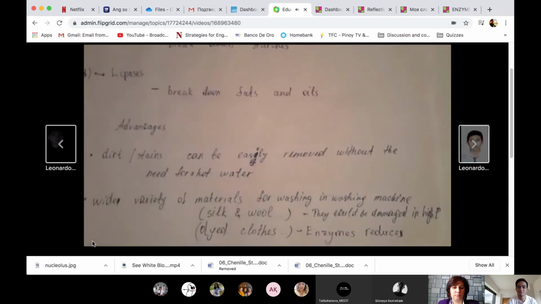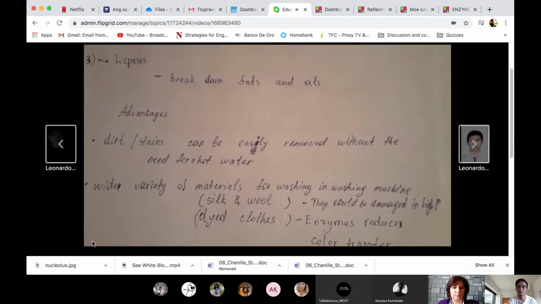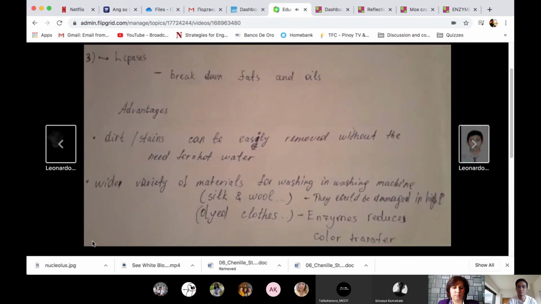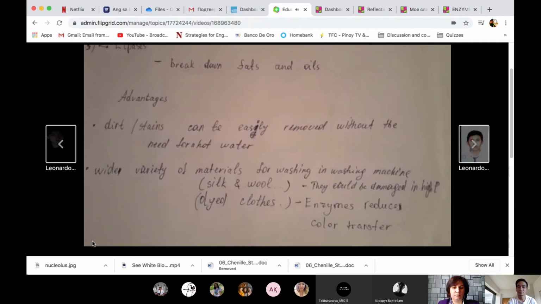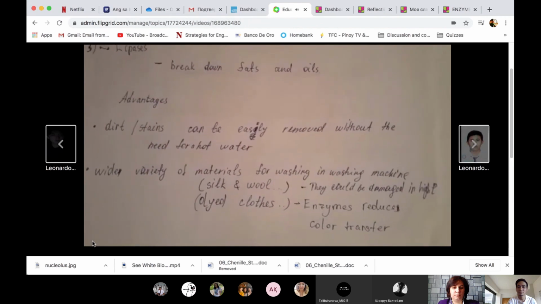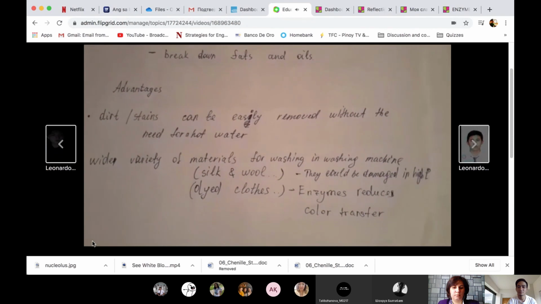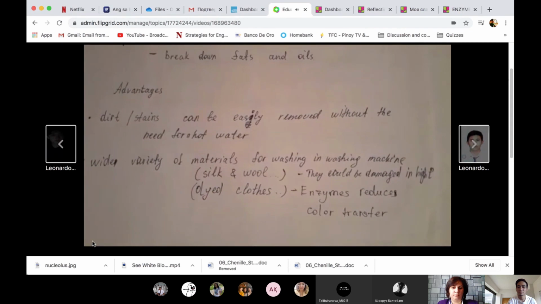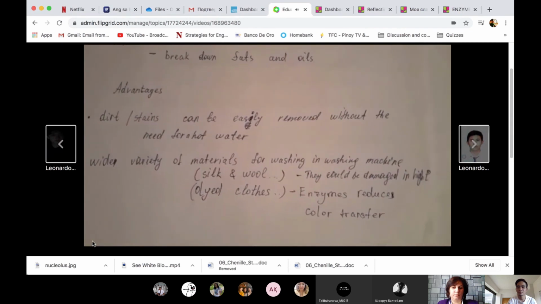Also, we can pop a wider variety of materials into the washing machine, such as wool and silk, which could become damaged in high temperatures. Also, dyed clothes. Enzymes reduce color transfer in the washing machine. So there are benefits of using enzymes in washing powders.